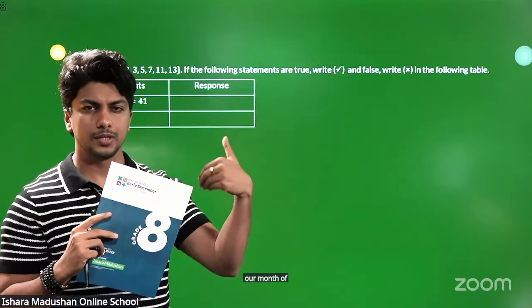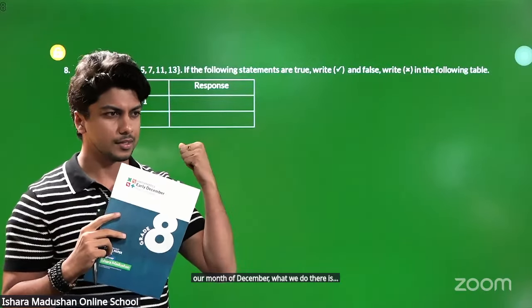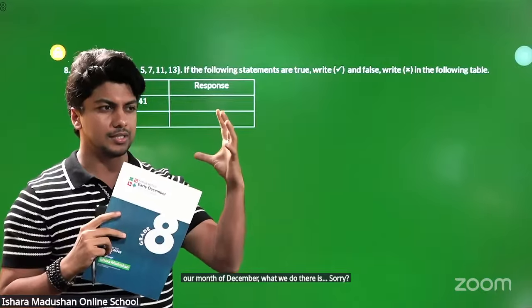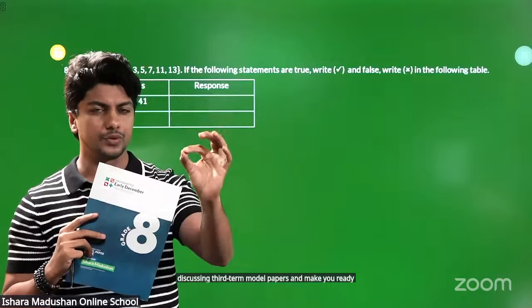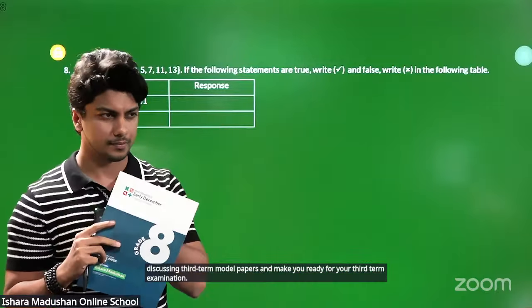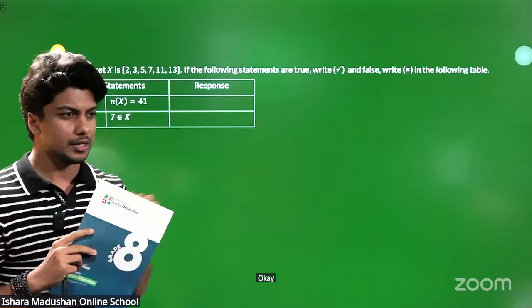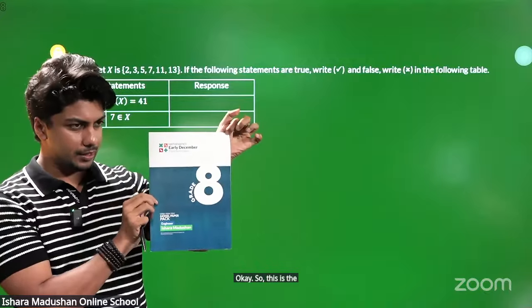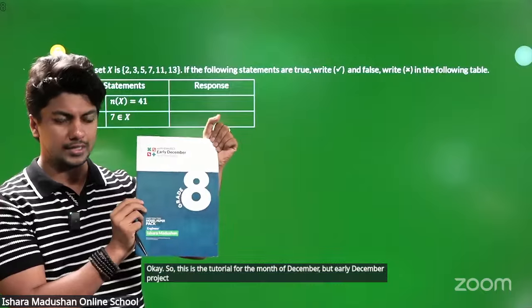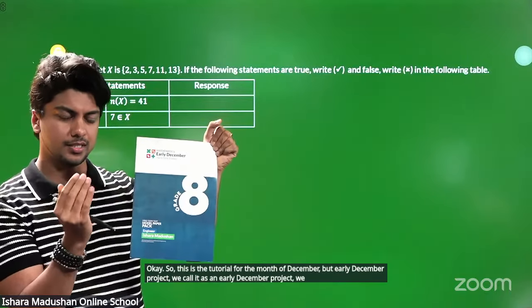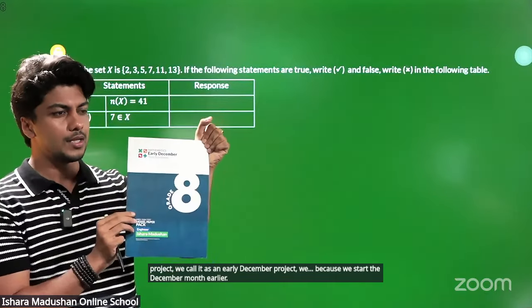What we do there is discuss third term model papers and make you ready for your third term examination. This is the tutorial for the month of December, the early December project. We call it that because we start the December month earlier.